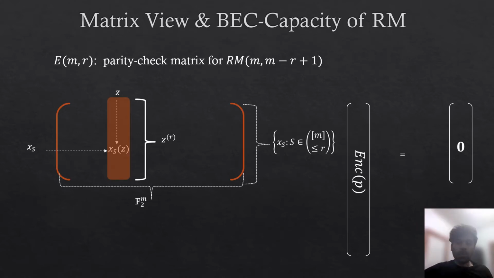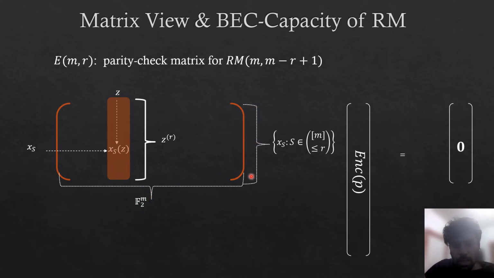So this is what pictorially we are saying, the parity check matrix for the Reed-Muller code that we talked about. Sorry, this should have been minus 1 over here. I think I made a typo there, but what we really need is the matrix here. So the columns are indexed by evaluation points in F2 to the m.